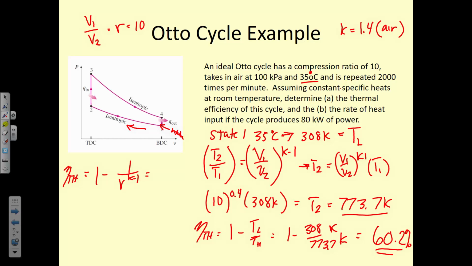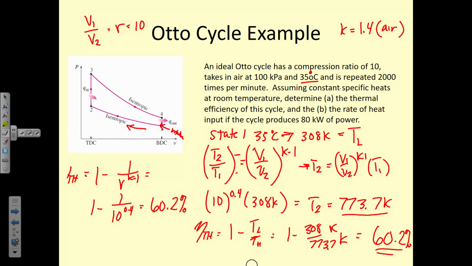So if we just know the compression ratio, instead of going through this process, we've done it algebraically in there. 1 minus 1 over 10 to the 0.4 gives us the same value, 60.2%. Okay, so those two methods are equivalent, assuming you're working with an isentropic process for an ideal gas, which we were.